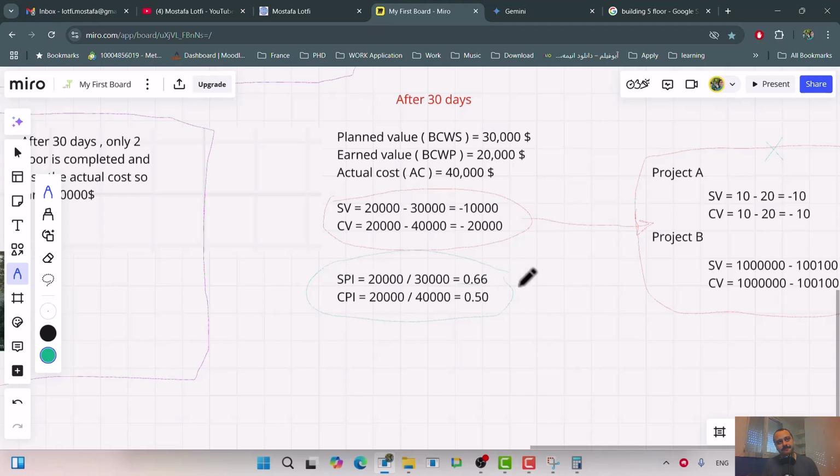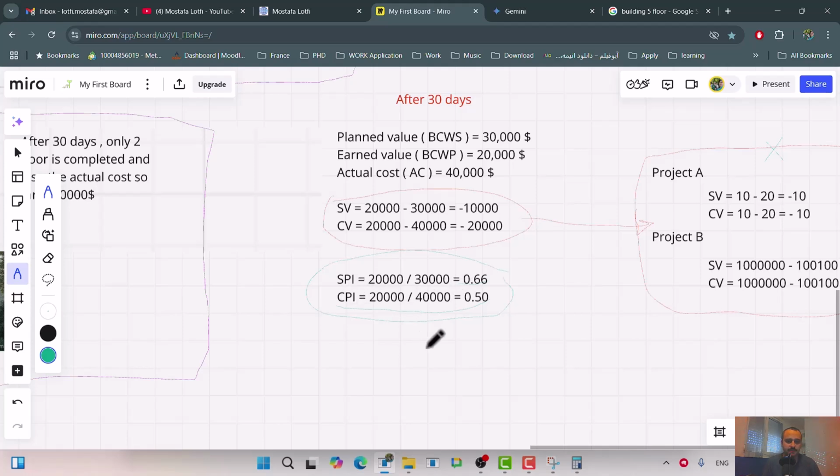Maybe I start with the cost, then go back to the SPI, because SPI is schedule performance and CPI is cost performance. Understanding the interpretation of the CPI is a little bit easier, but if you understand CPI, you will understand the SPI.